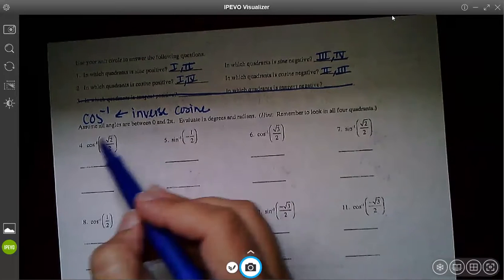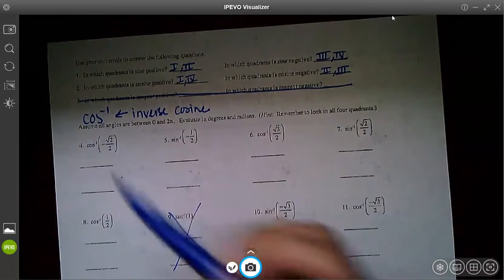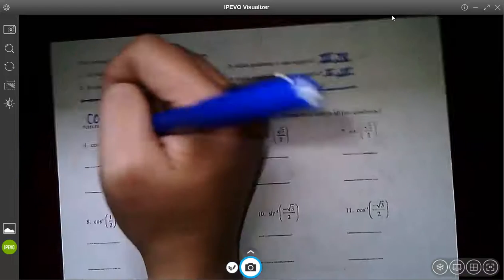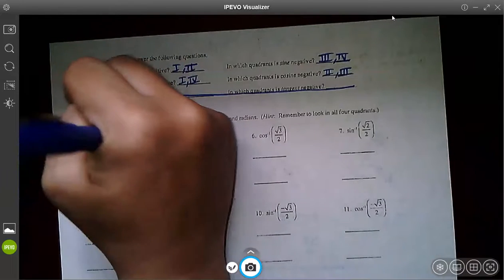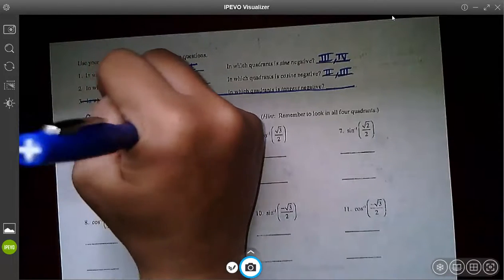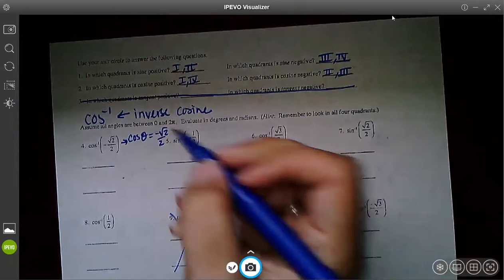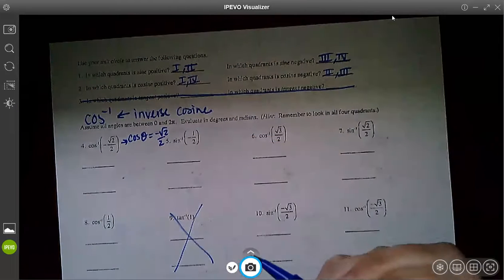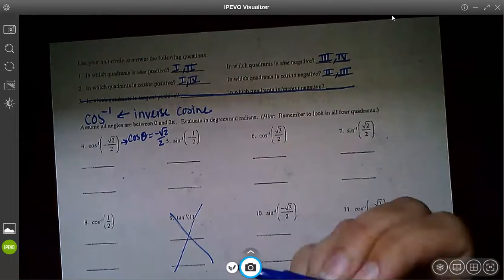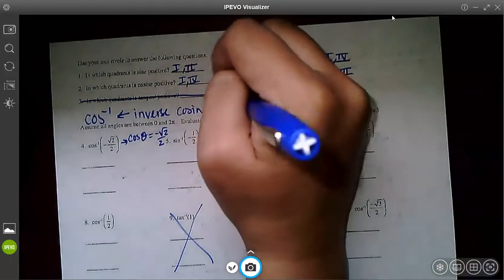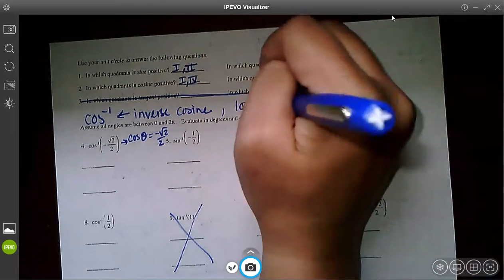Inverse cosine of negative root 2 over 2 is the same thing as saying the cosine of theta is equal to negative root 2 over 2. So at what angle is your x value negative root 2 over 2? You're always looking for the angle measure.